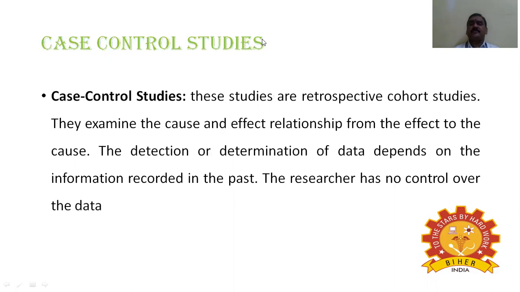These studies are basically retrospective cohort studies. They examine the cause and effect relationship from the effect to the cause. The determination of the data depends on the information recorded in the past. So the researcher has no control over the data.